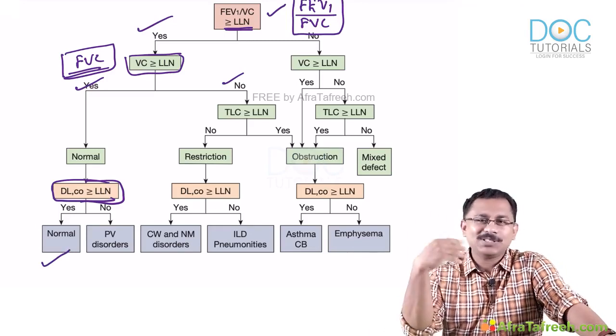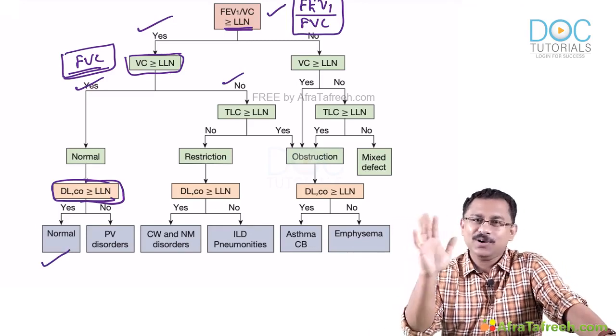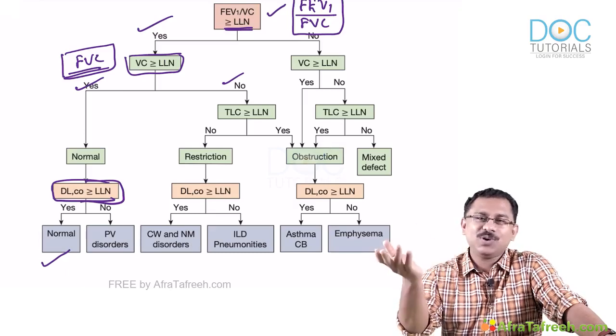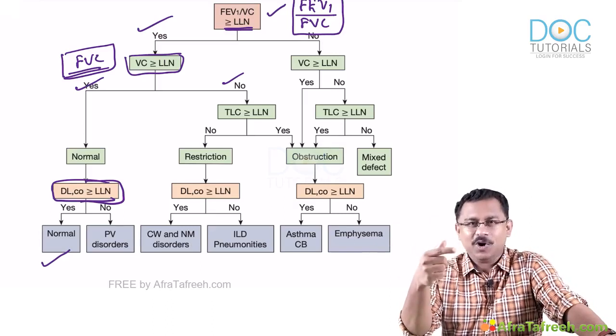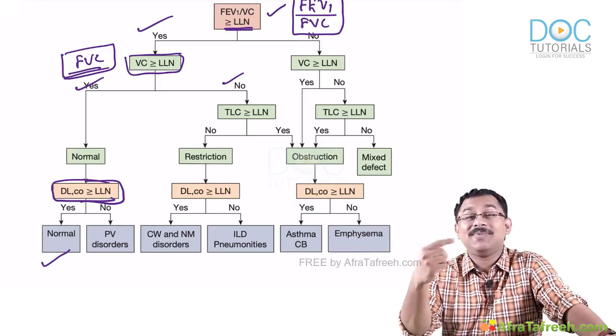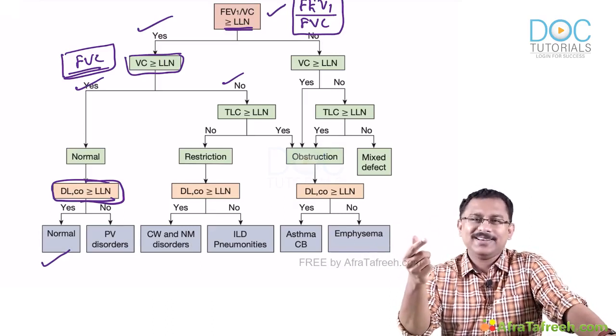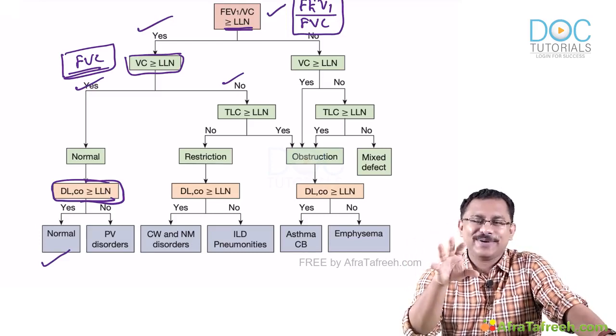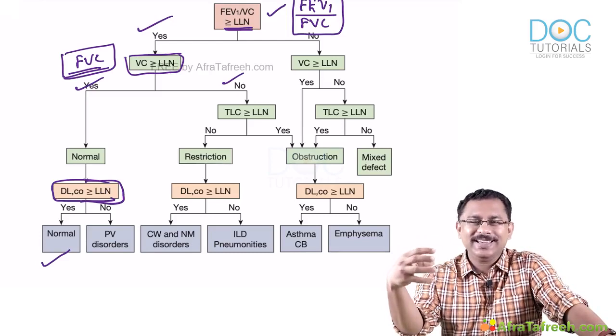Remember, the FEV1 to FVC ratio was high, no abnormality. You measured the FVC, that also was normal. Even then, you may have abnormality, especially when your pulmonary vasculature is affected. In conditions like pulmonary embolism, your DLCO will be affected. That is why you went for the DLCO.